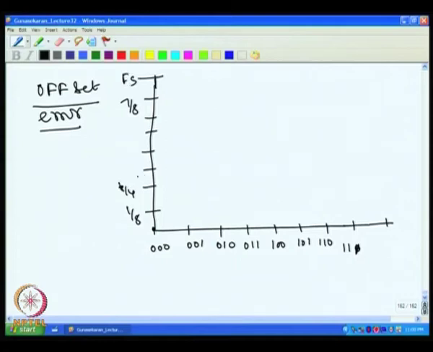So, 1 by 4, then 3 by 8, then you have 5 by 8, then 3 by 4 and so on, we have this. So, if we have 1 0 1 1, okay, here there is a missing point. So, I will change this, yeah, 1 0 1.